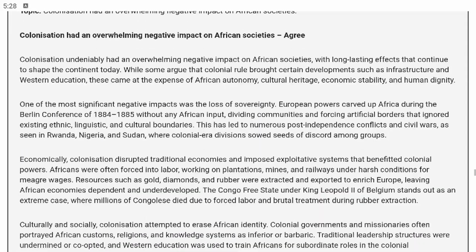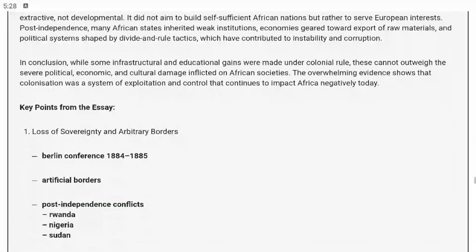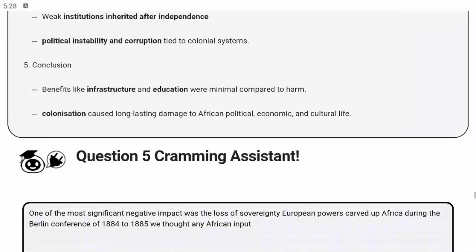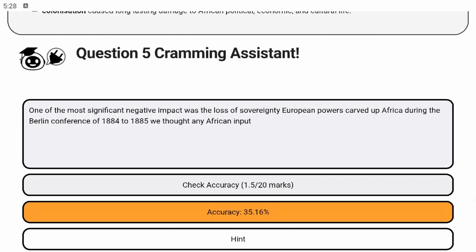Because you need not write it exactly the way I wrote it here. You can style it in your own way or write it in the way that you understand, but the keyword which is going to be marked by your teacher and by the cramming assistant is the Berlin Conference of 1884 to 1885.